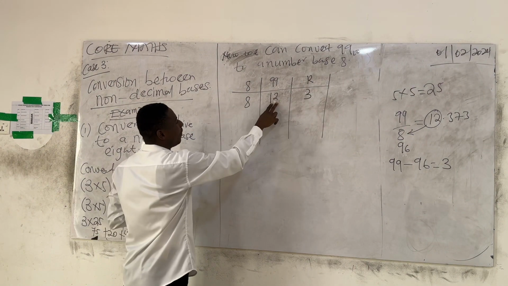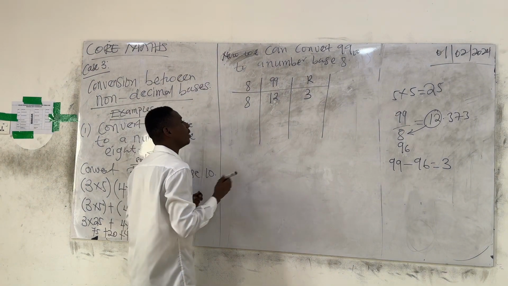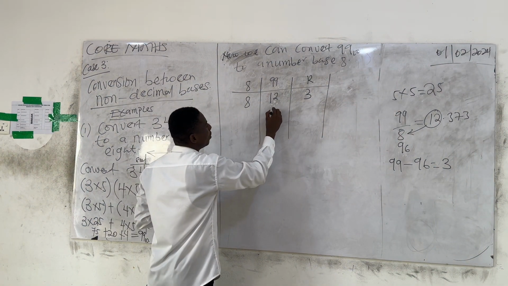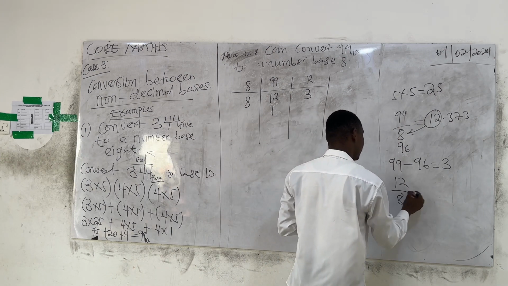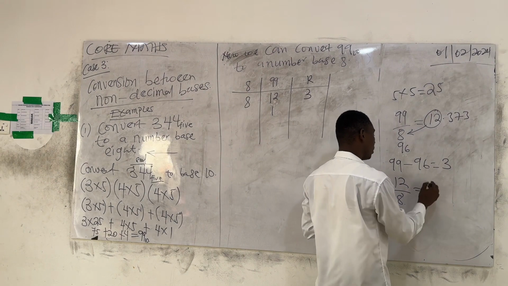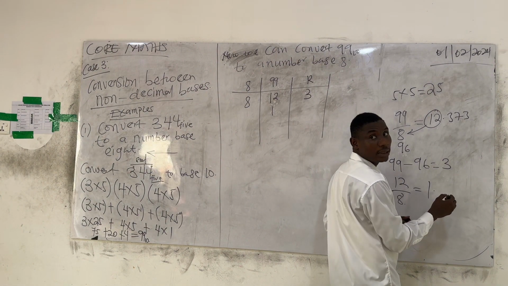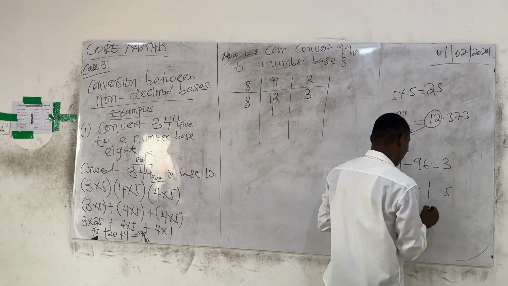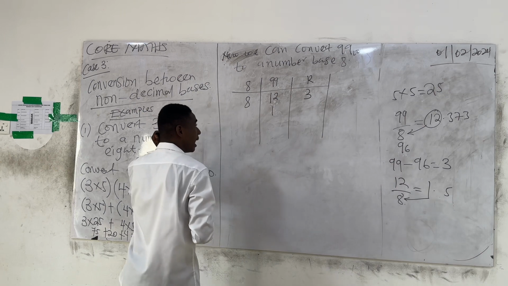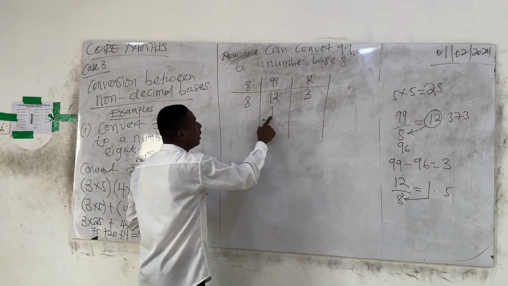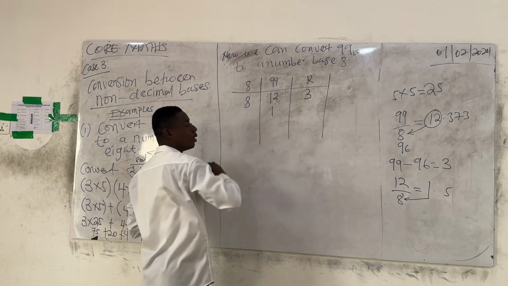Now we have 12 items here and 8 people are going to share. Each person is going to get what? 1. So this is the same as writing 12 over 8. And then what is the result? 1.5. So you pick the 1 here, multiply by 8. If each person gets 1, it means we have taken 8 out of 12.